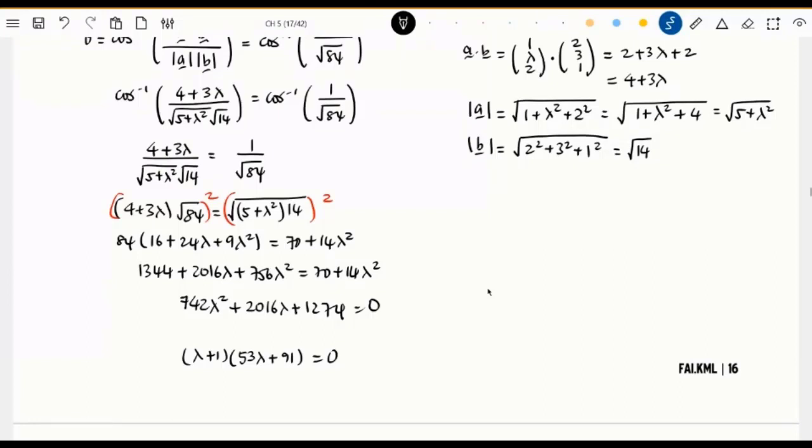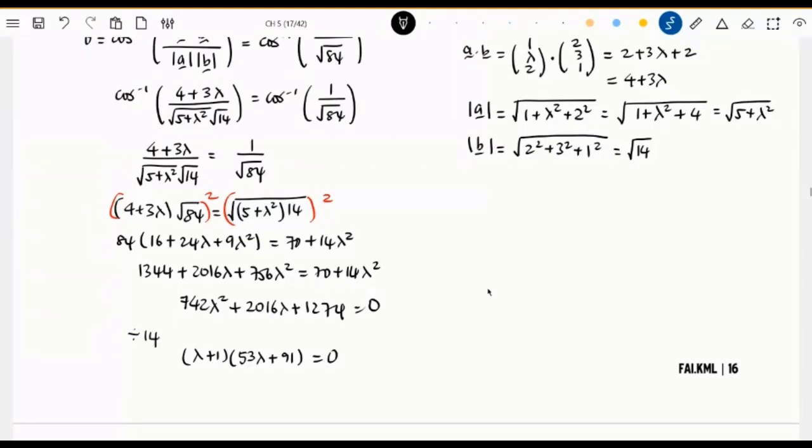Kalau kita darab masuk, dapat balik tak 742 ni? Maksudnya kena bagi berapa ni? 742. Kita kena bagi dengan 14. Okay, 14.